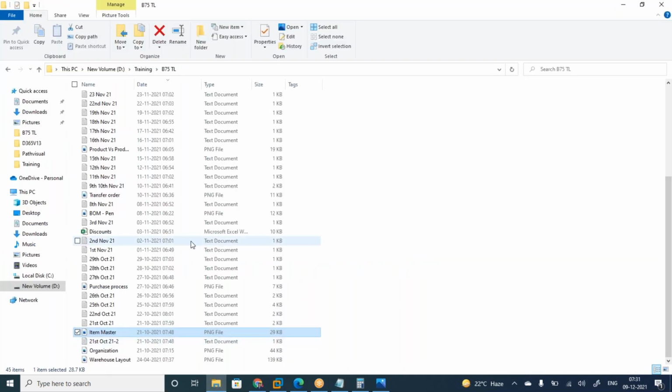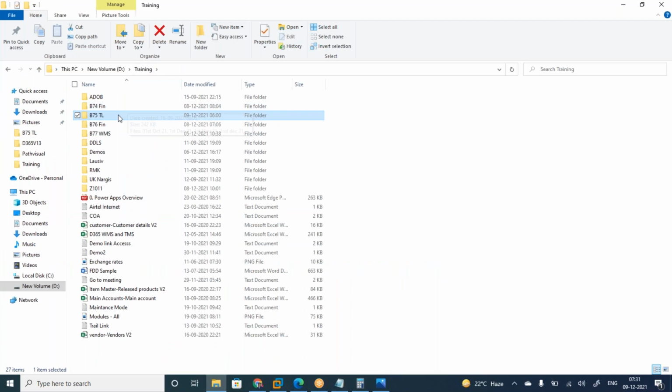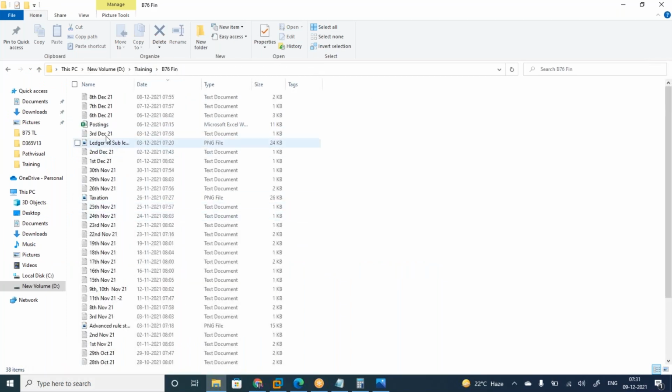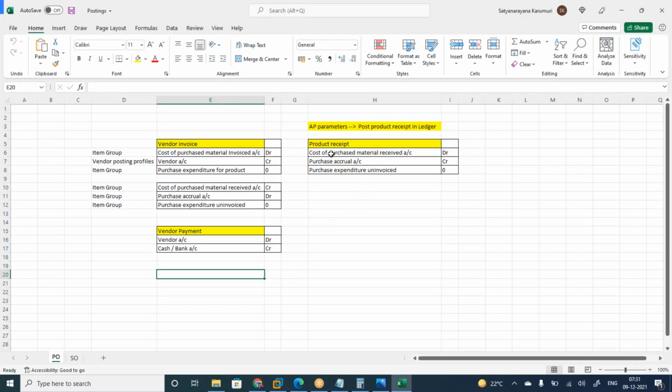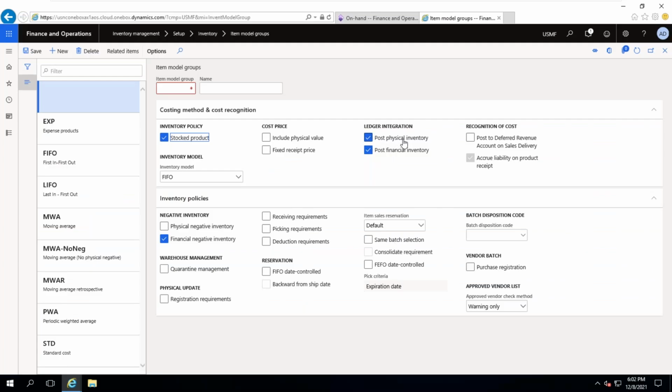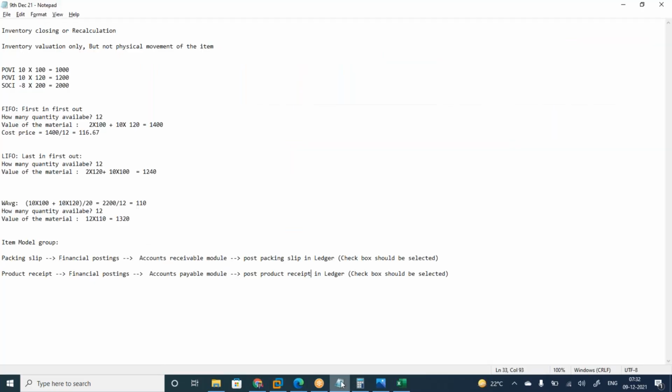Remember, if I go to finance in the Excel file, I have explained last week only. At the time of product receipt, temporary postings are happening. If you want that, this checkbox should be enabled. Now, along with this checkbox, this checkbox also should be enabled. Means only one checkbox will not work.